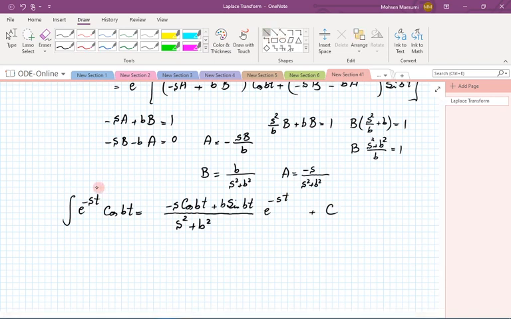So what we achieved here is one of these tricky integrals that shows up in calculus.